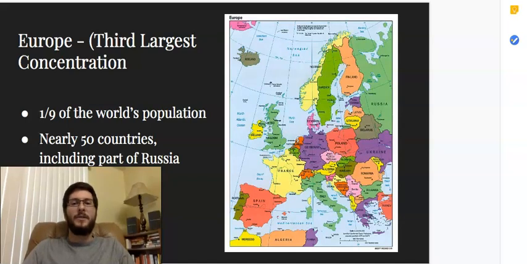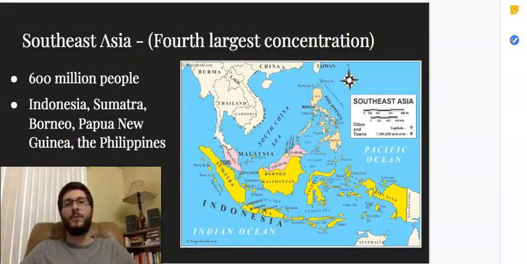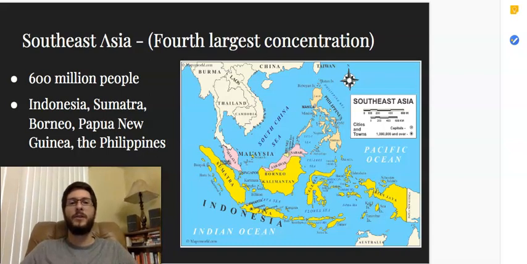The third largest concentration would be Europe, the entire mass of Europe, which is made up of almost 50 different countries, and combines to form 1/9 of the world's population or so. And then lastly, Southeast Asia brings up number 4 in the world's concentration list.